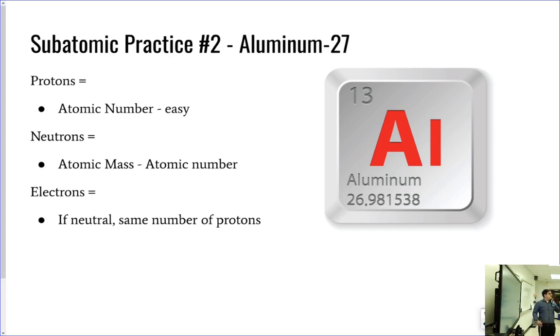What's the atomic number for aluminum? 13. 13, absolutely. So the top number always tells you your number of protons. Now, at the bottom on your periodic table, it should say 26.981538. What do we round that to, Emmy? 27. It's just making a nice, pretty whole number.